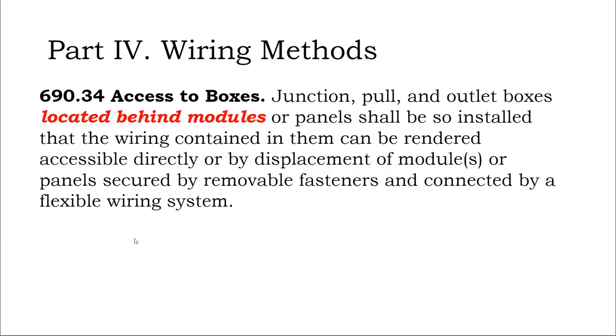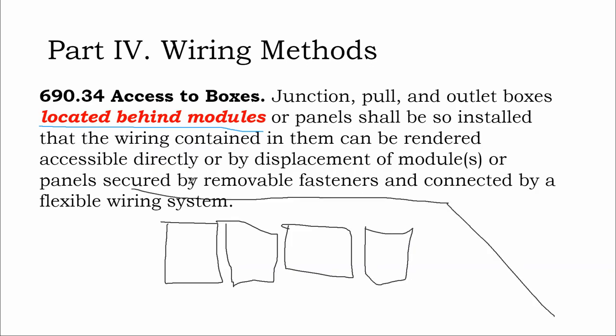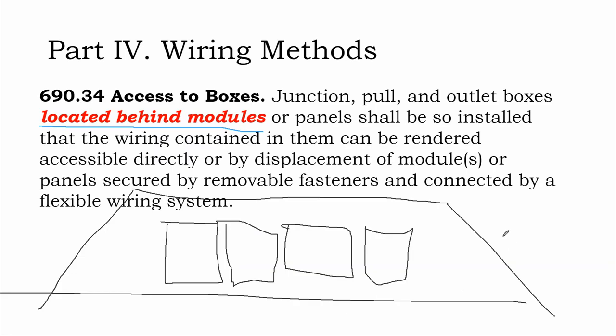Access to boxes. So junction pull boxes, they can be located behind the solar panels. So what that means is here you're up on the rooftop, and here's your solar array, and here's your solar array, and here's your solar array, and you have a nice symmetric, professional looking roof right there.